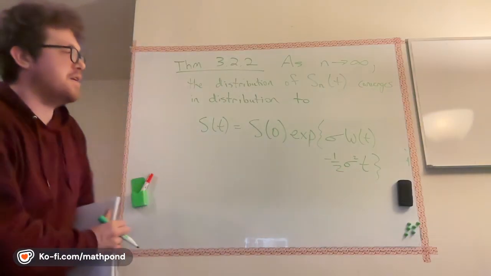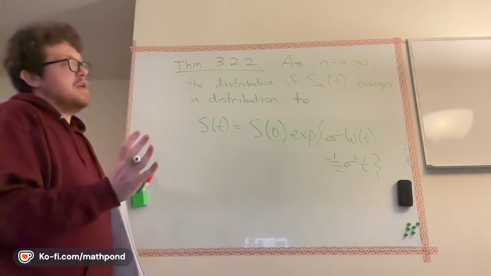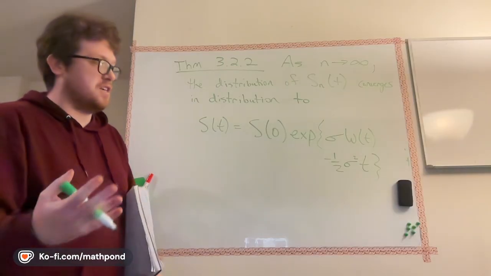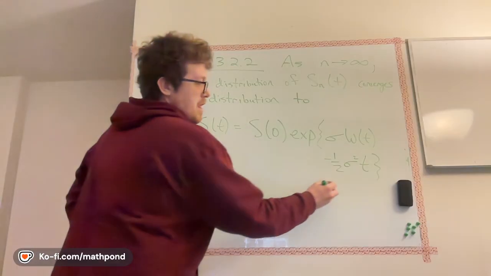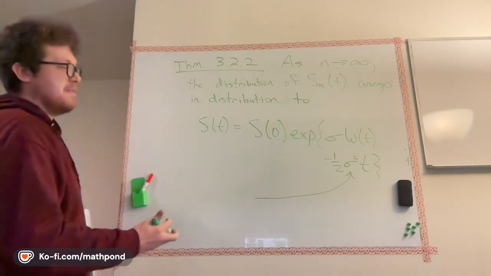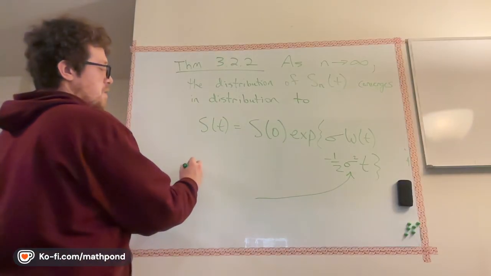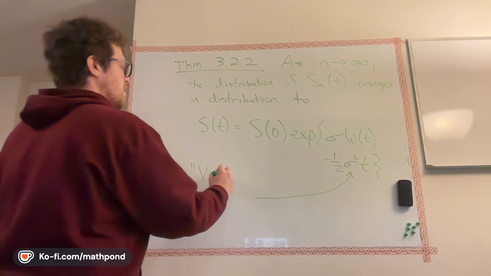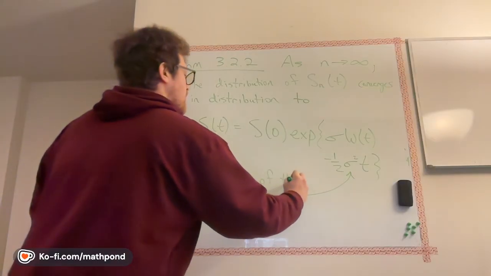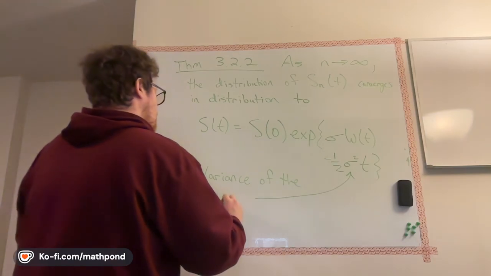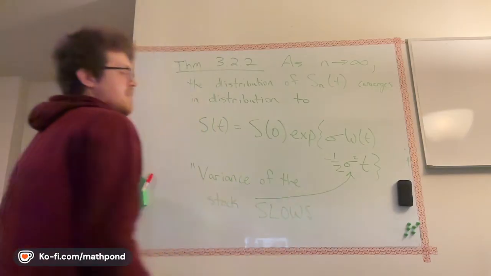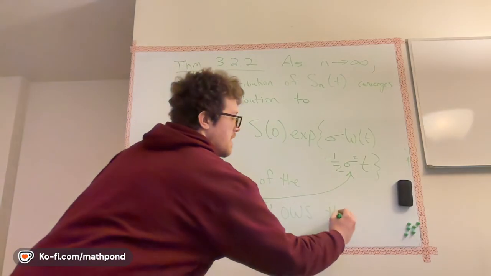This is, I would say, probably the most important concept in finance, especially one that people don't really understand initially. So this factor right here, let's highlight this in our notes, is saying that the variance, or the volatility, of the stock, and I'll put this in big caps, SLOWS the long-term growth of the stock.